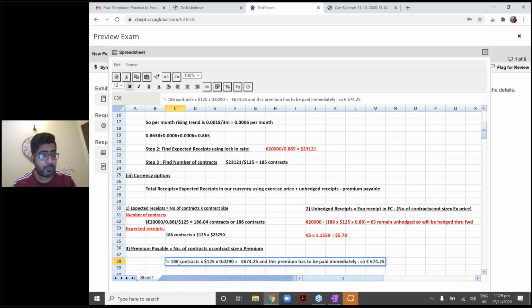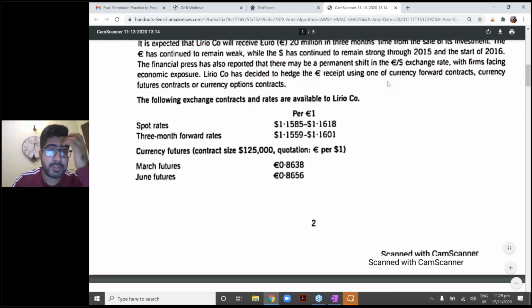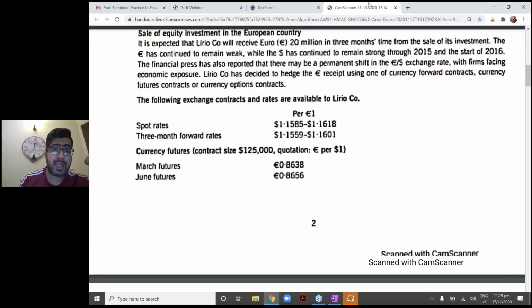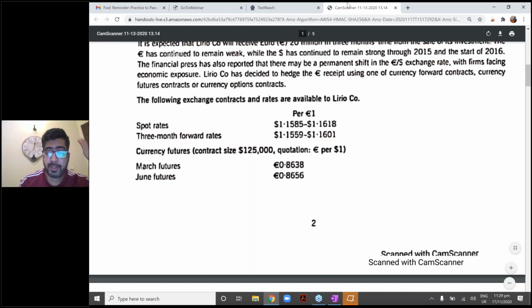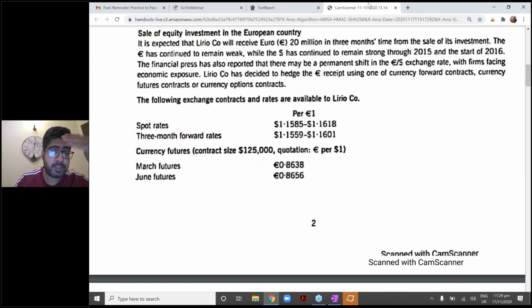You have to pay 674.25 premium immediately. So in immediate, what rates do you use? In immediate, we use spot rates. So you have to pay 674.25 premium immediately. Use spot rates. The spot rates have a direct quote, dollar per euro.